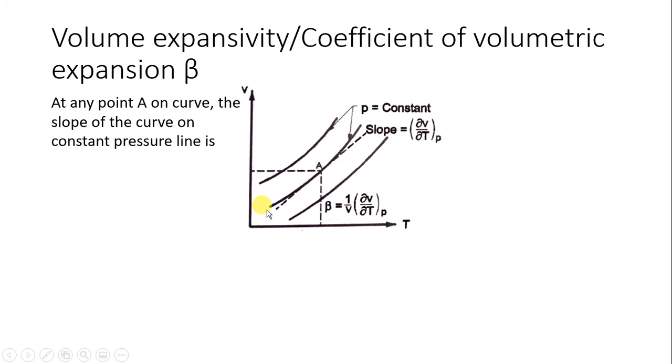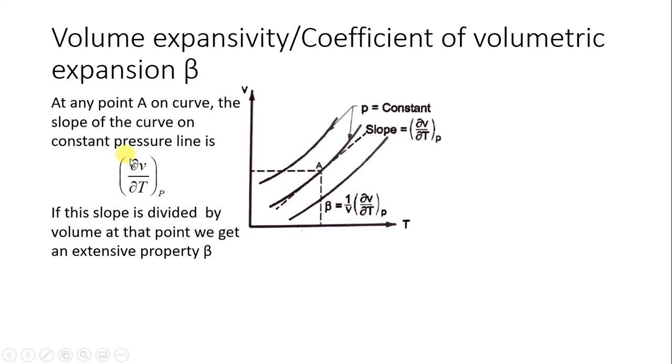It will be dy by dx. So what is dy? It will be V. So dV by dT will be the slope. Now in the case of partial differentiation, slope will be dou V by dou T when pressure is constant. Why? Because we are calculating the slope for the constant pressure curve.